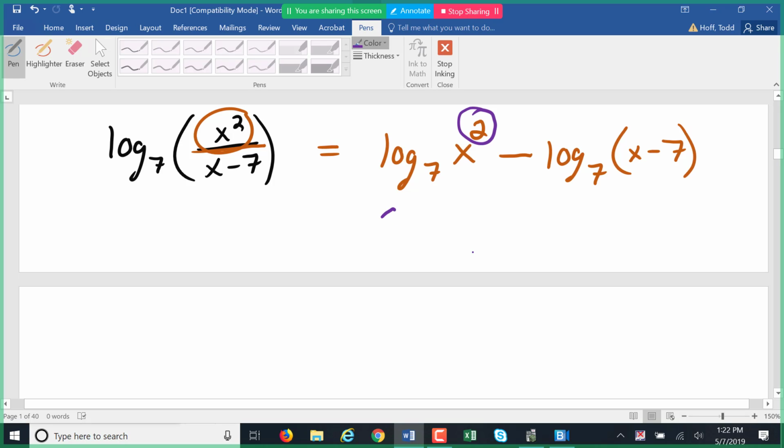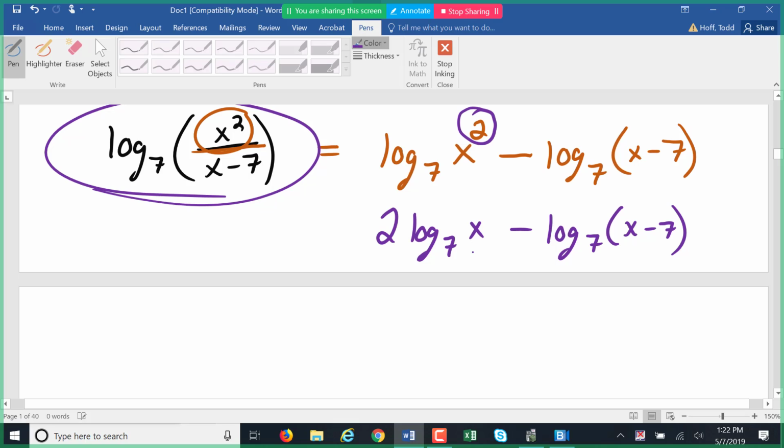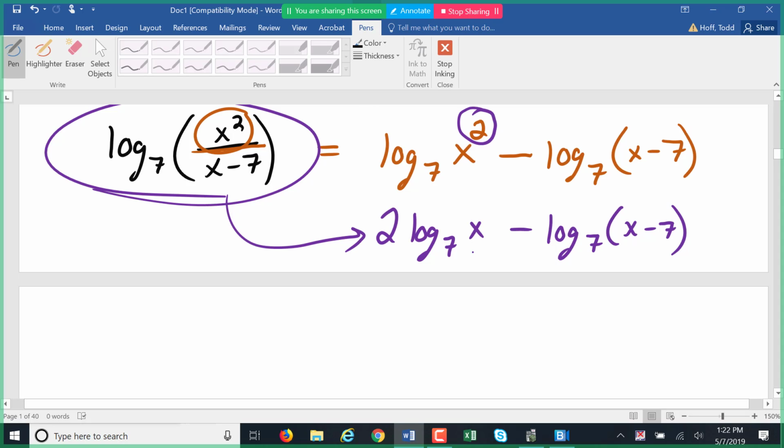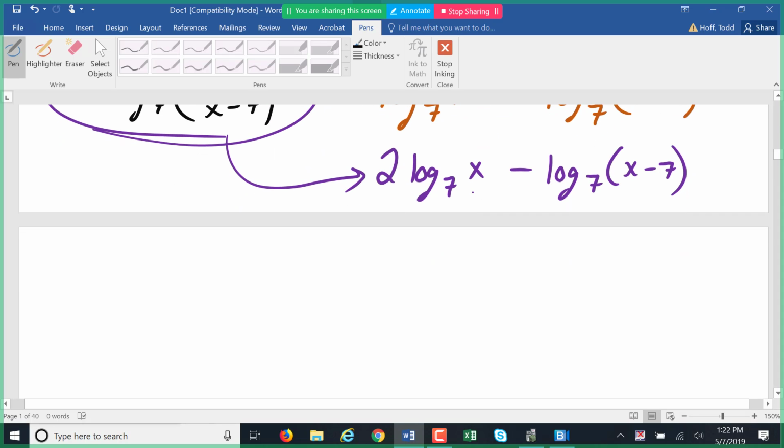Log base 7 of x squared is 2 times log base 7 of x. So log base 7 of x squared over x minus 7 can be broken down into 2 times the log base 7 of x minus the log base 7 of x minus 7. I can use these rules.